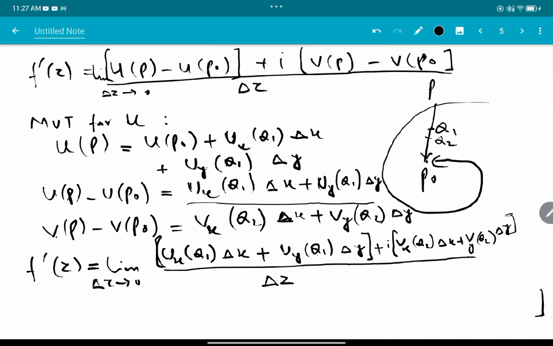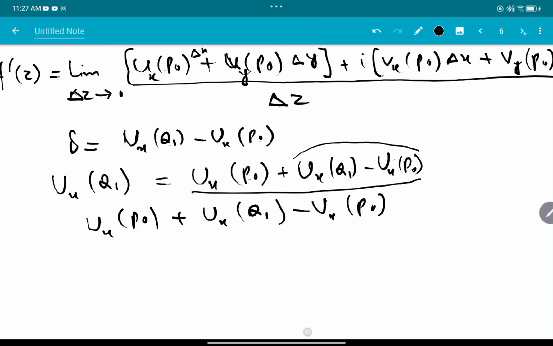You can see UXQ1 is multiplied by delta x. So whatever you write in its place will be multiplied by delta x. So this whole will be multiplied by delta x.